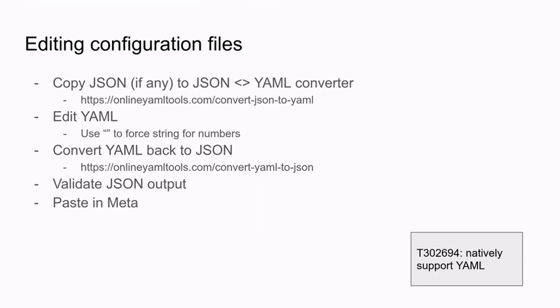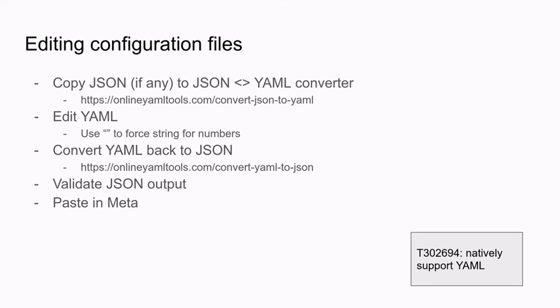Okay, so anyway, we understand that this is quite tedious, going through all these steps to write the configuration file. We currently have this open task in Phabricator with the idea that you can write the configuration files directly in YAML so that you don't have to convert from JSON to YAML, and back from YAML to JSON.